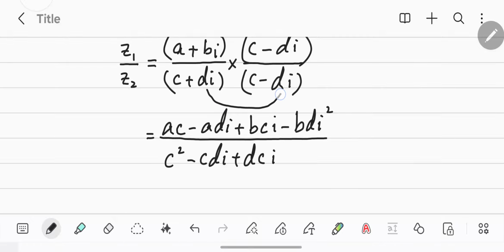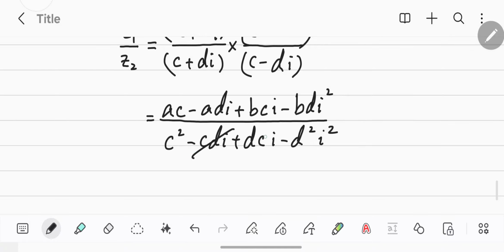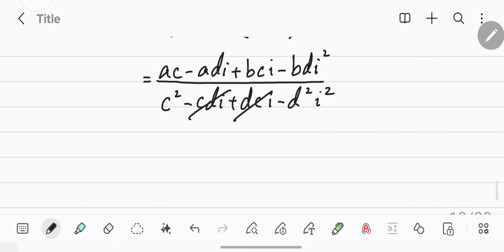Now multiply d iota with minus d iota, which is minus d square iota square, because both terms have iota. Now this term and this term will cancel out because both are the same but with opposite signs.